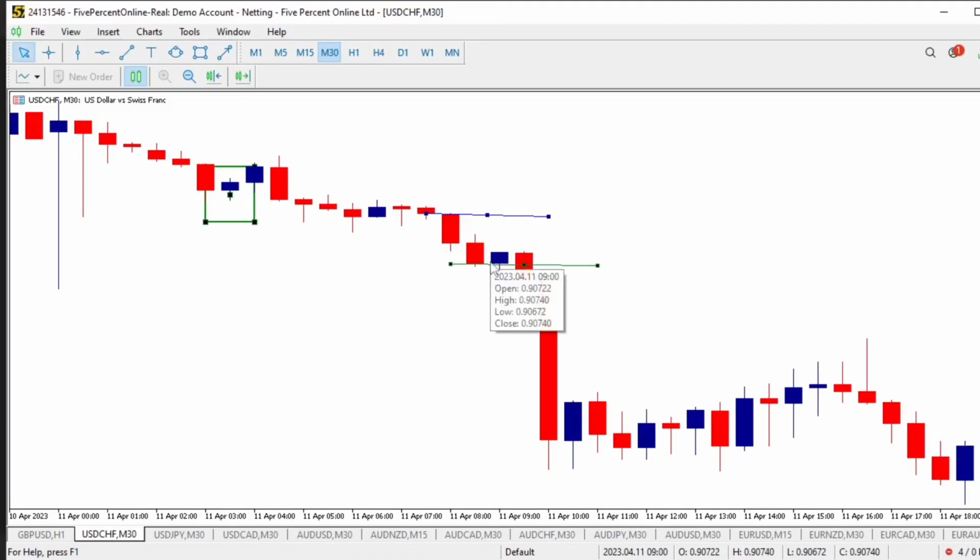This blue candlestick opens at this level, closes above where it opens. This next candlestick opens at the same level where the previous one closed, and also closes below. Now the market opens here and closes below, and this is how the market will keep moving. If it closes below, it keeps on going down. If it closes above, it keeps on going up.